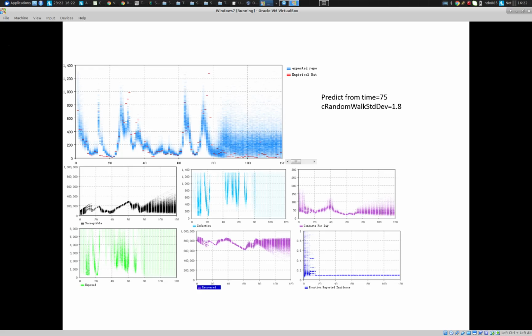The way it captures it is what is called particles, a concept derived from importance sampling. Each of the particles has a complete hypothesis in the sense of a vector of values for each of the state variables: susceptible, infective, exposed, recovered, vaccinated, plus each of those varying parameters. And there may be 10,000 of these particles operating at once, each with a weight associated with how consistent it has been with the data to this point.